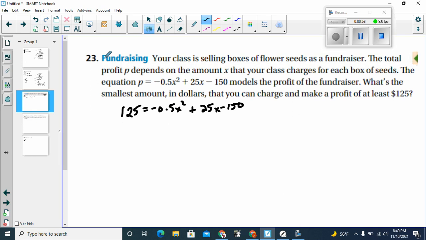This problem is from the section that deals with the quadratic formula. So let's use the quadratic formula to solve this. To use the quadratic formula, our equation needs to be equal to 0.